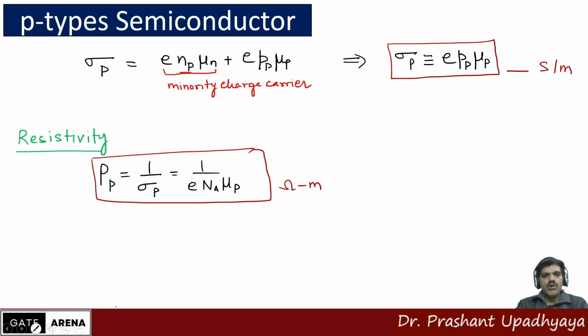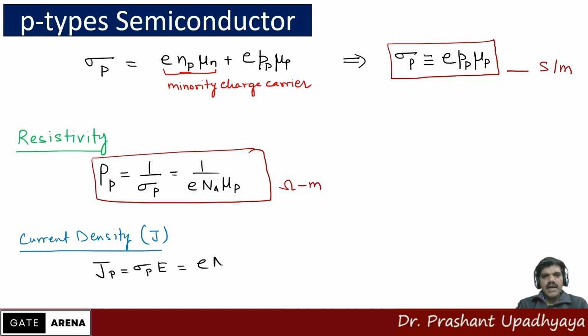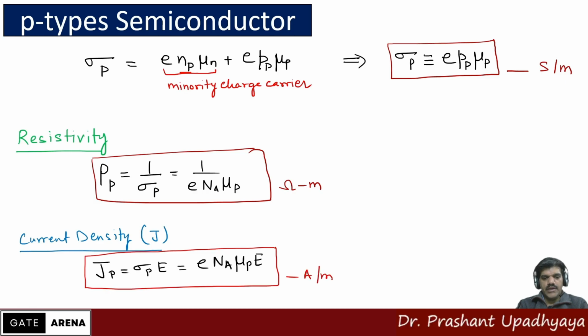Now we will be talking about the current density J. Current density J is defined as sigma_p into E. So J_p equal to sigma_p into E, and this is equal to e N_A mu_p into E. Its unit is ampere per meter square.